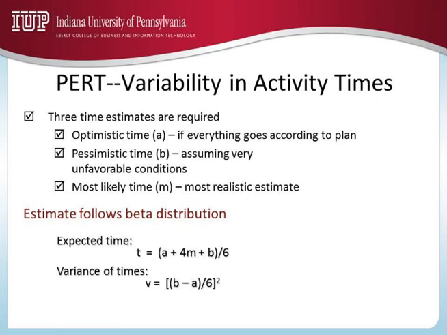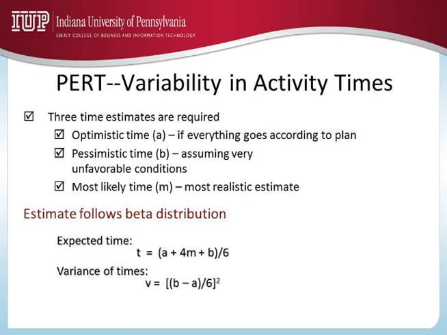So this 40 should be in such a way that the probability of completing the foundation activity in less than 40 days is less than 1%. So optimistic time of 40 days is practically the least amount of time that you need to complete this activity.